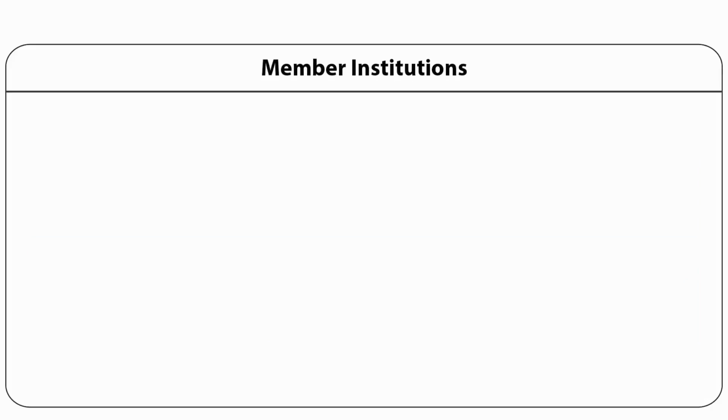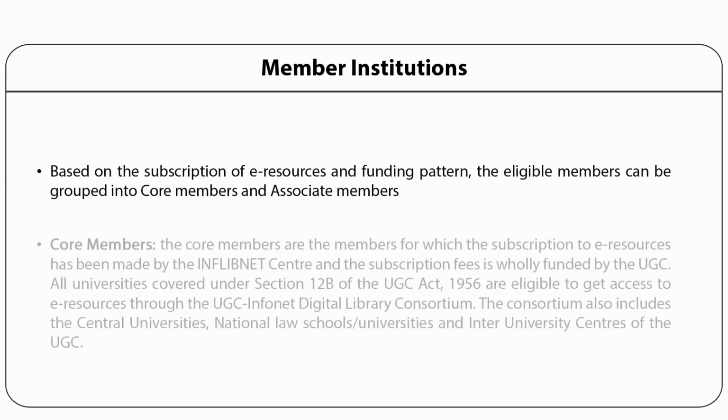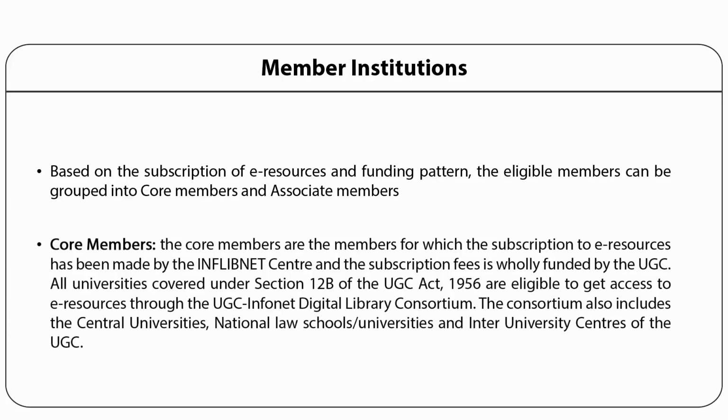Member institutions. The UGC-INFONET Digital Library Consortium provides access to e-resources to basically two groups of member institutions, that is core members and associate members. Core members. The core members are the members for which the subscription to e-resources has been made by the INFONET Center, and the subscription fee is wholly funded by the UGC.